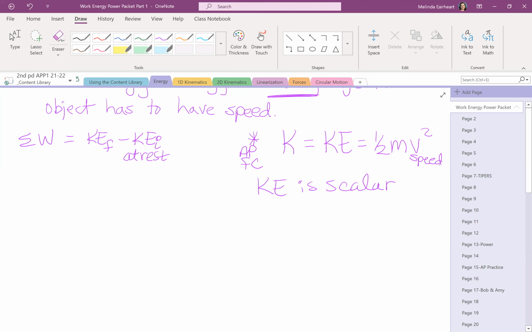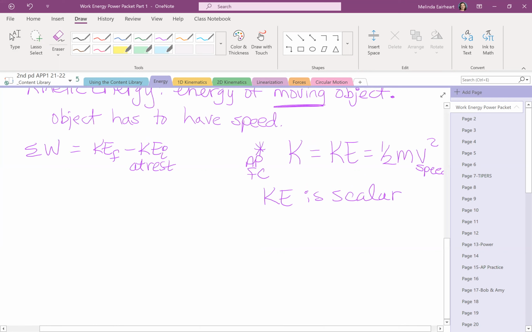And what happens to a negative number squared? It goes away. So kinetic energy doesn't care if you're moving right or left, up or down. Throw a pen in the air, right? Kinetic energy doesn't care. You either have it or you don't. And how do you have it? Well, somebody did work on you. Some force, right? Is this making sense?